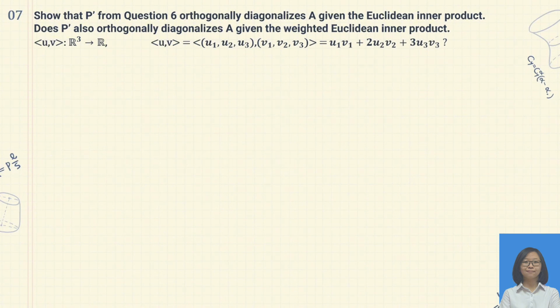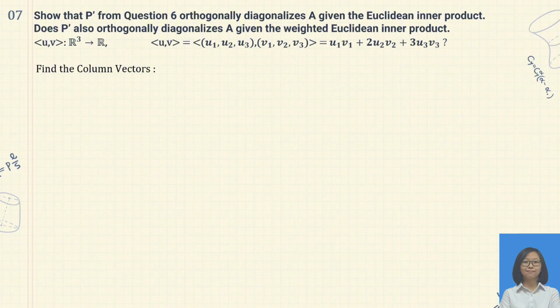Next, let us continue with the second part of this question. Does P prime also orthogonally diagonalize A with the weighted Euclidean inner product? For this question, I'm using the Gram-Schmidt process on the columns of P prime in R cubed.